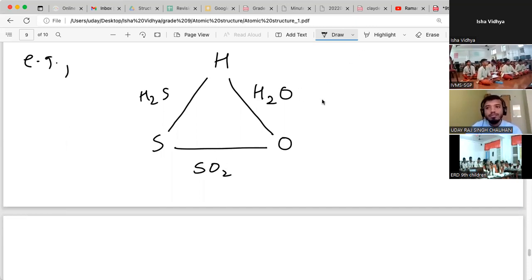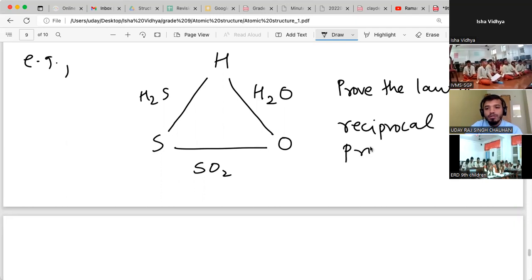Take it as homework: prove the law of reciprocal proportions, and let's see if you're able to do it. Maybe we'll take it in the next class. You can look at the example in your textbook and try to prove the law of reciprocal proportions.